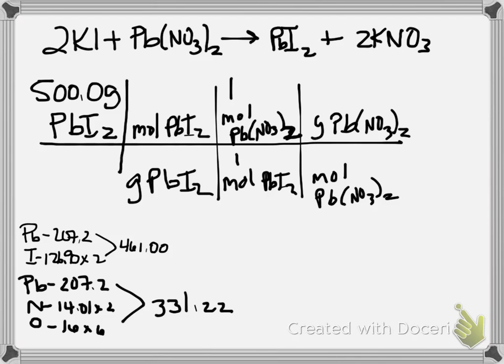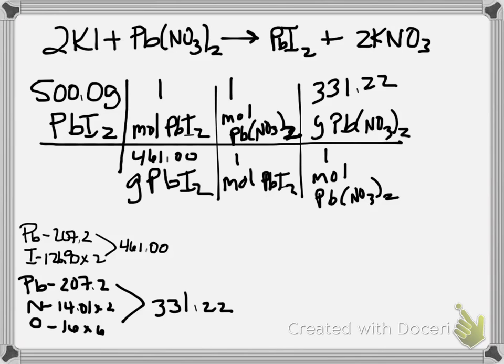So we'll work with our lead iodide first. We figured this molar mass in the last problem. So 461.00 grams of lead iodide equals 1 mole of lead iodide. And for lead-2 nitrate, 331.22 grams of lead-2 nitrate equals 1 mole of lead-2 nitrate.